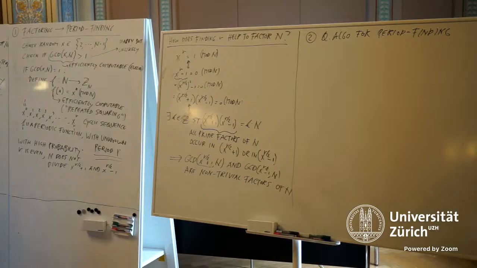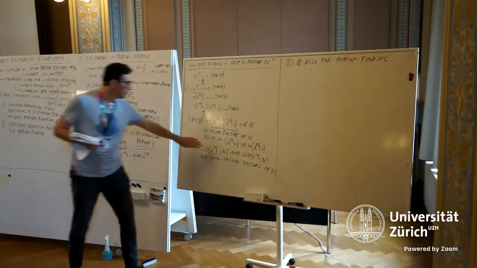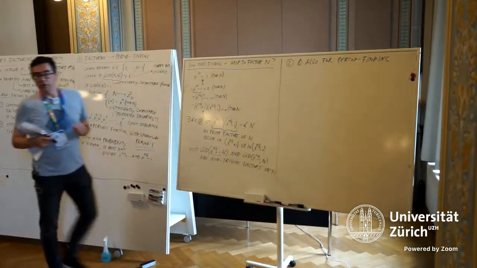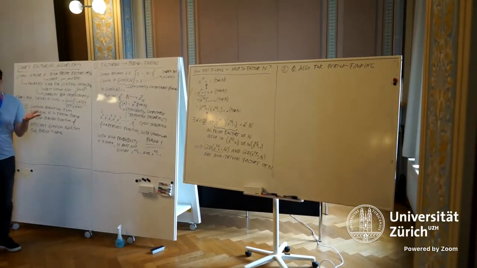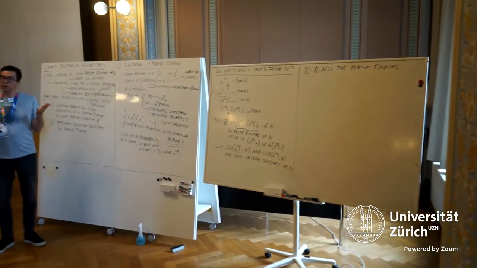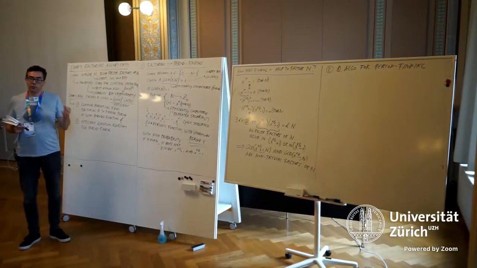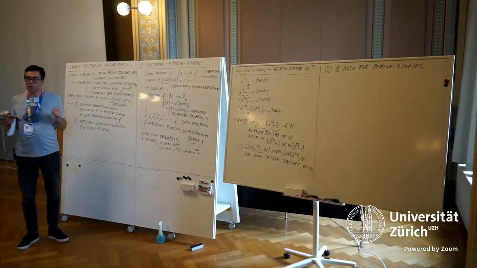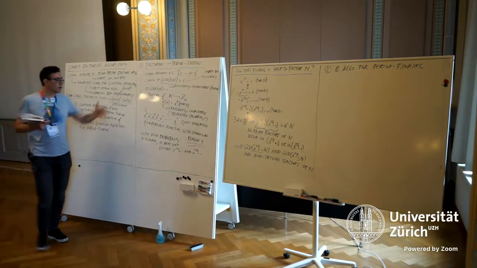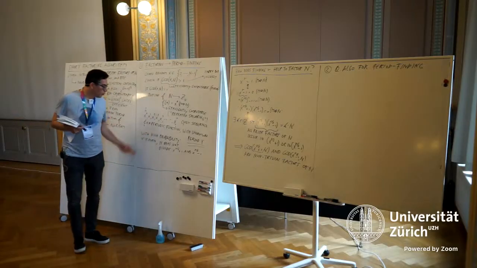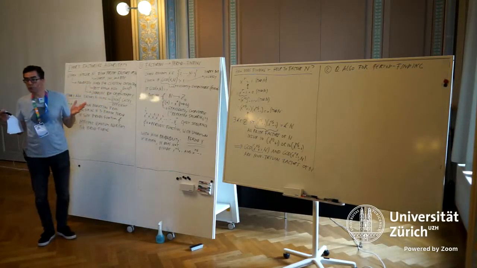Actually, R might not be even, so this assumption could be wrong, of course. And then what happens is you can find this period R, you can compute these GCDs, and you will discover that those may not be factors of capital N. But that is something you can easily detect, because you can do division. Division is something you can do very efficiently on a classical computer. So you just run your algorithm, you sort of hope and pray that this condition holds, even though you don't know whether it holds.